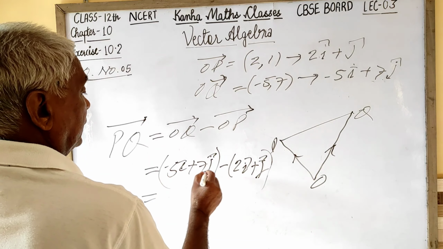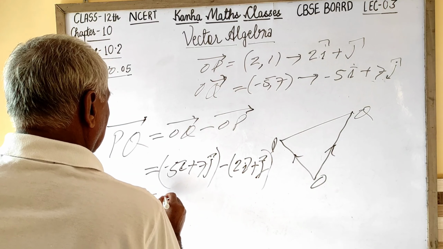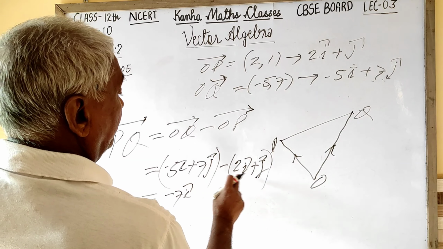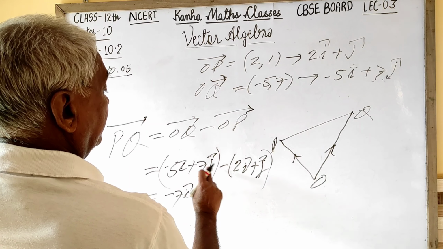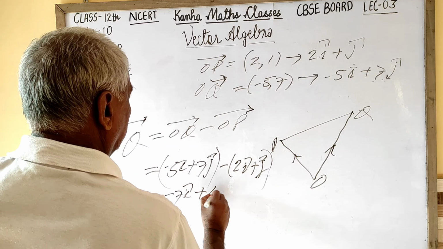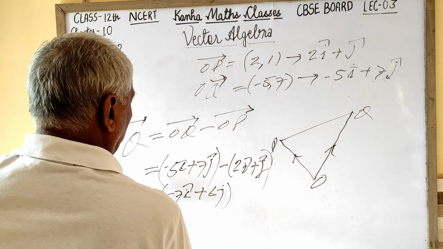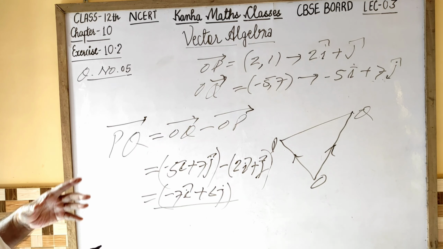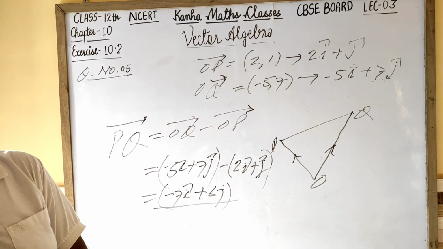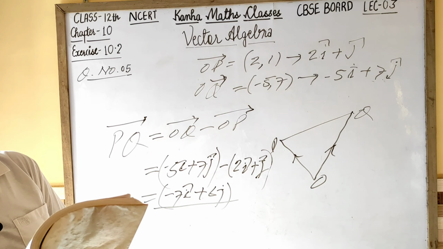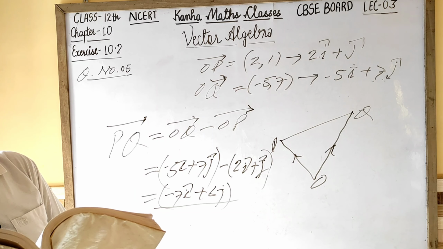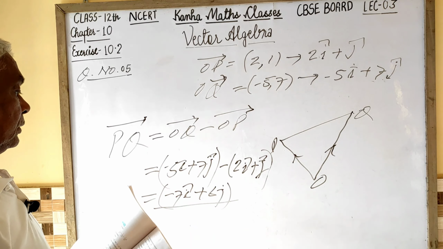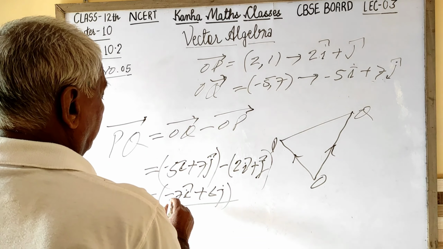Here minus 5i minus 2i is equal to minus 7i, and 7j minus j means 6j. We have to find the scalar and vector components of the vector with initial point 2, 1 and terminal point minus 5, 7. Now the scalar components are minus 7, 6.